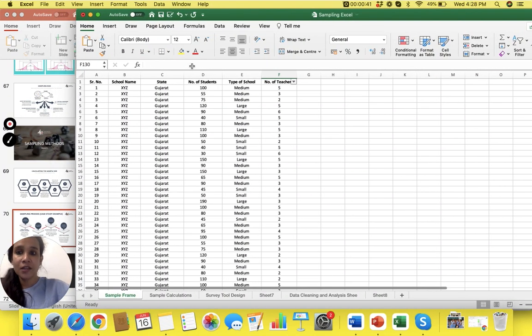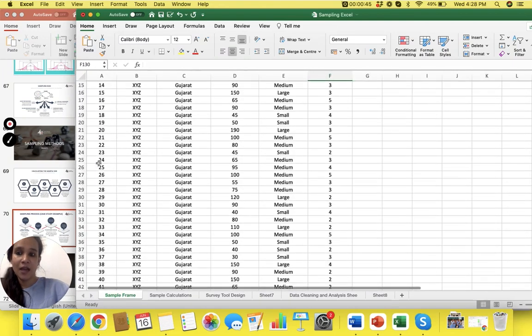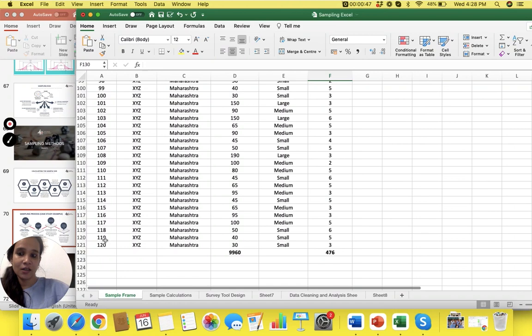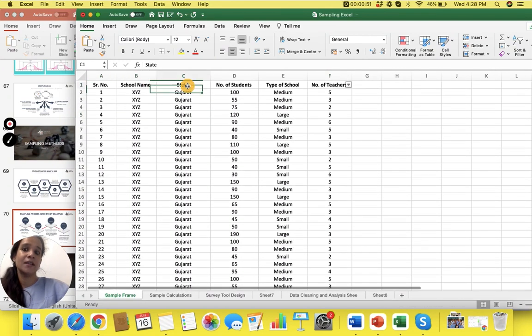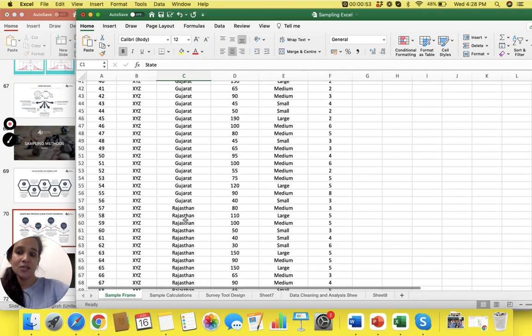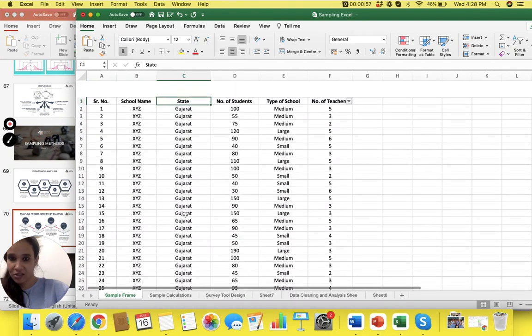So what I have here now is, based on the data, around 120 schools. This is the name of the school. This is the state that the school is in. So we have 3 states: Gujarat, Rajasthan, and Maharashtra.